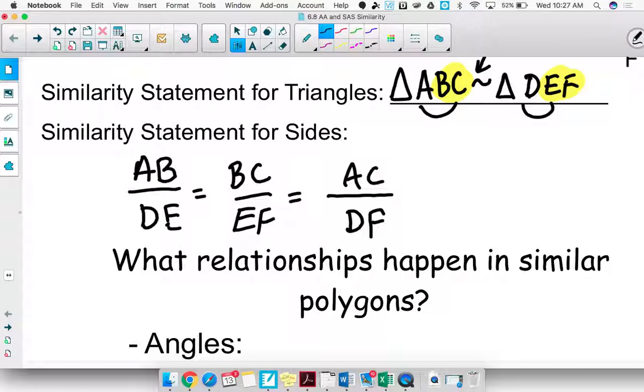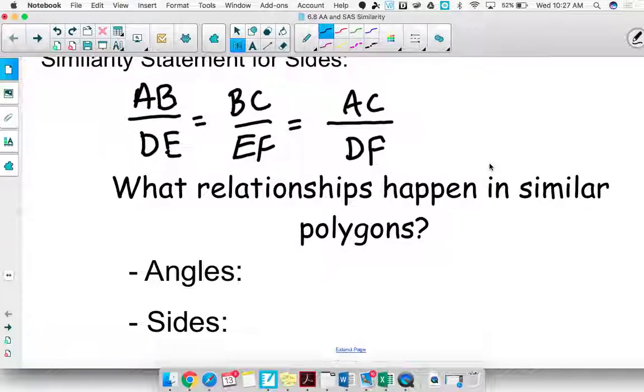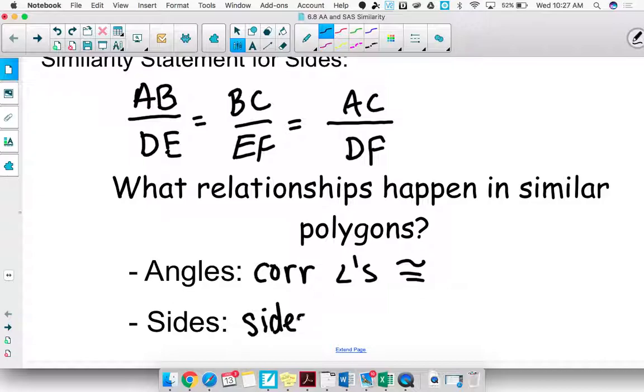What is going to happen every time we have similar polygons? The corresponding angles will be congruent, and the sides are proportional. We have observed this many, many times this unit. We just haven't formally recorded it.